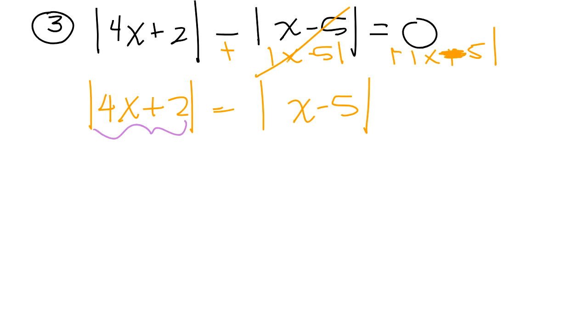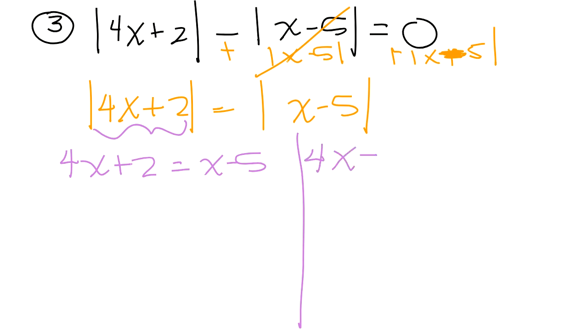We've got 4x plus 2 equals, leave the signs alone, x minus 5. For the second equation, 4x plus 2, so same expression, equals, now we're going to change the signs. Instead of positive x, we're going to have negative x.